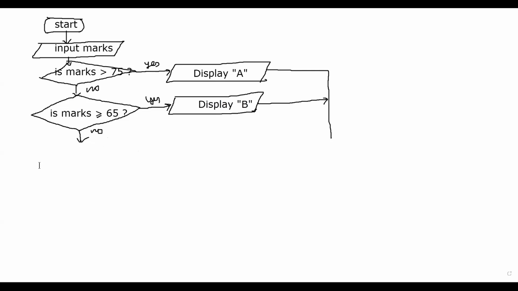So if it is no, this is 65 or equal. The next question could be, is marks greater than or equal to 55? This is what you are going to check. So you see, Janani, we will have to check only one value here. When you say 64 to 75, you have to check two values, which will be difficult.